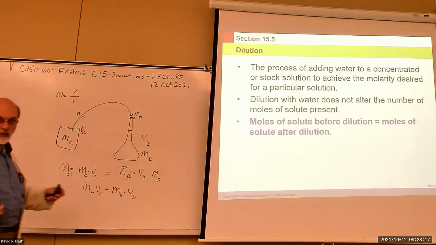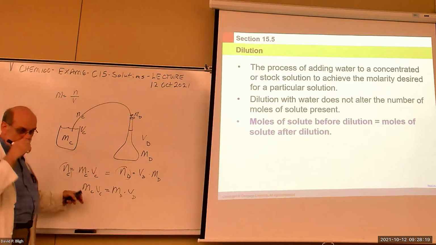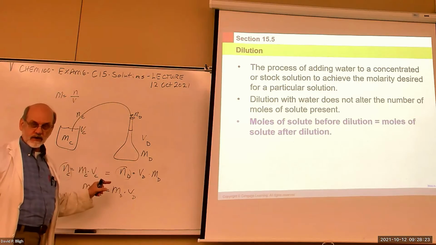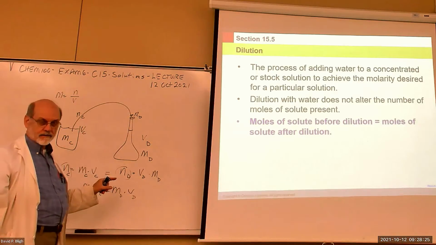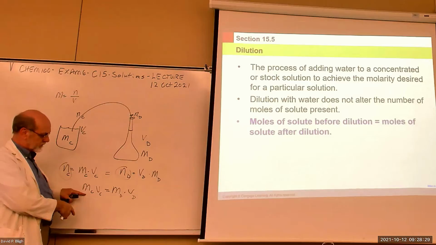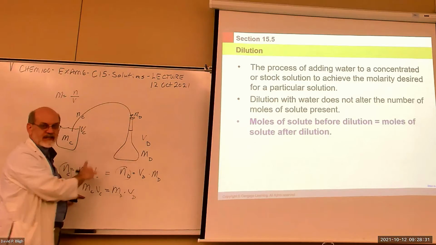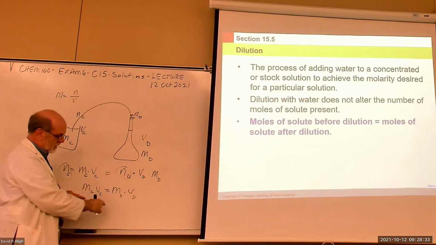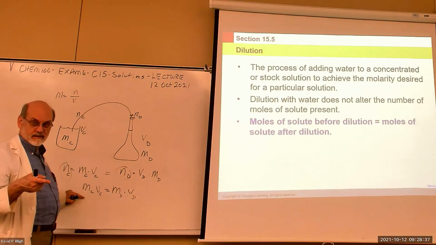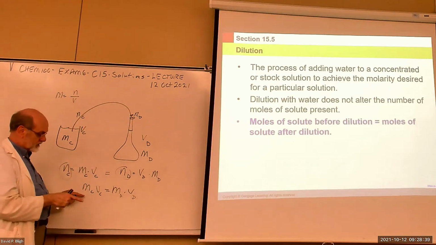That's why dilution works. And this is like any other formula. If you know three of those, you can determine the fourth one. Say you know the concentration of your concentrated solution, the final volume of your container, and the molarity that you want to have of the diluted solution.